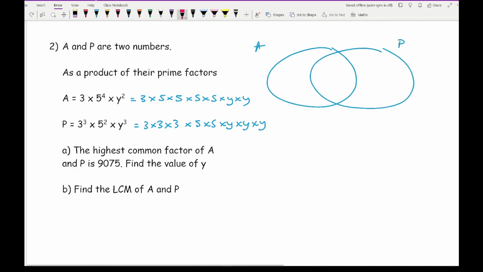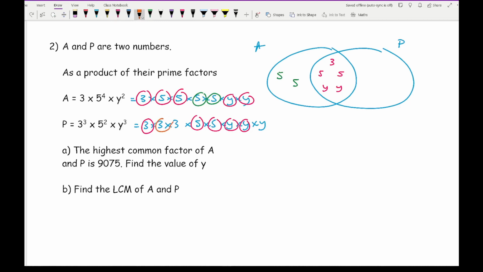So then looking at the ones that appear in both, well, I've got 3, I've got 2 5's, and I've got 2 y's. So that's what's going to go in the middle. And then ones exclusive to A are 5 and 5. And the ones exclusive to P are 2 3's and a y.